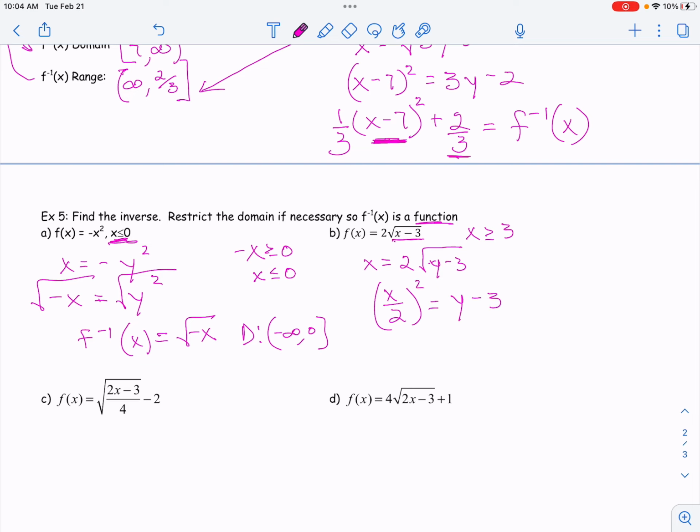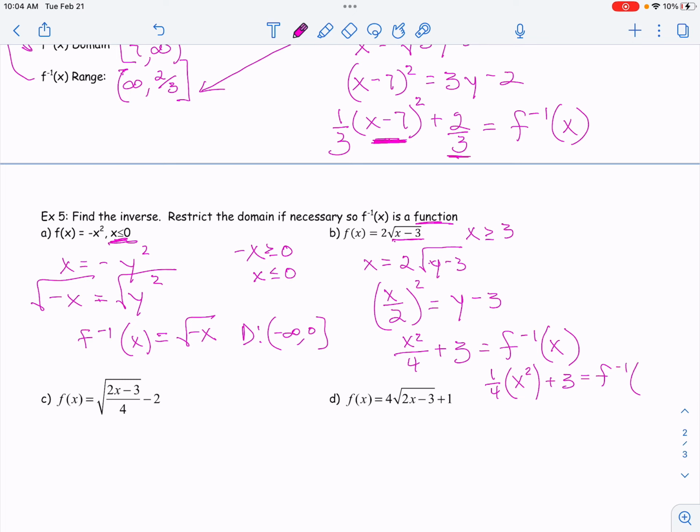And then I have to add 3. So this would be x squared over 4 plus 3 equals your inverse. Okay? And this can be written as 1/4 x squared plus 3, inverse.